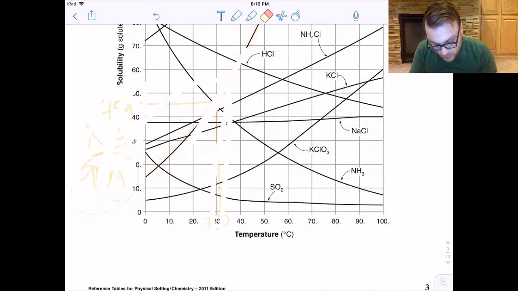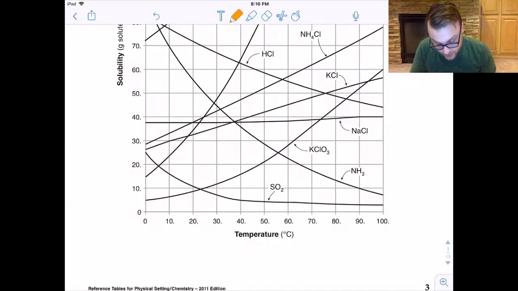Another question can be worded like, at 50 degrees, if you add 35 grams of KClO3, what amount will not dissolve?